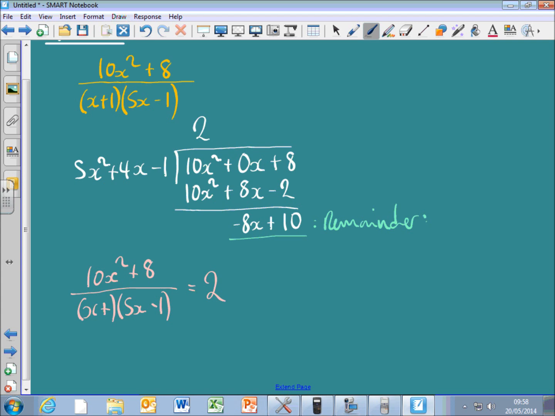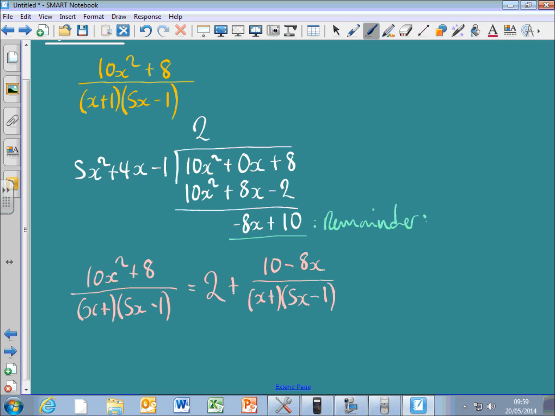It went in twice, and then there was a remainder, and the remainder was 10 minus 8x, and that remainder would still be divided by x plus 1, 5x minus 1. So that's how many times it went in.